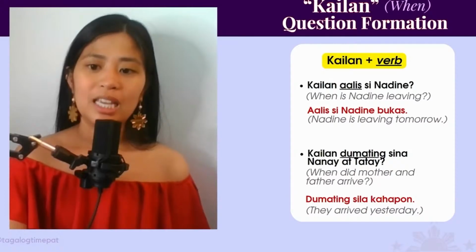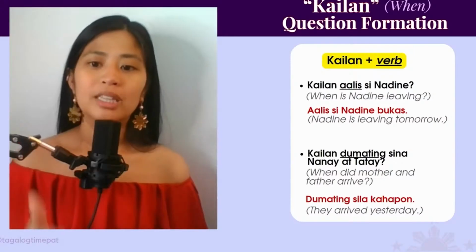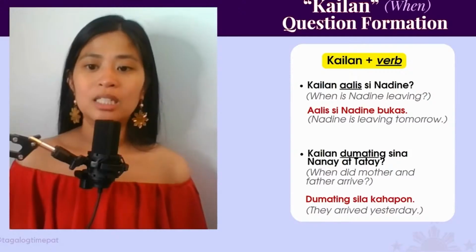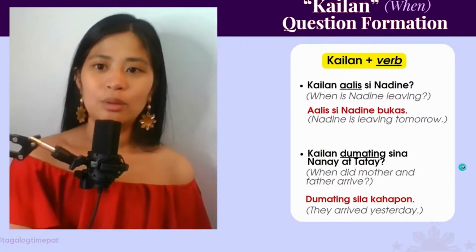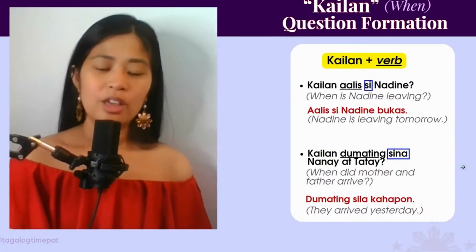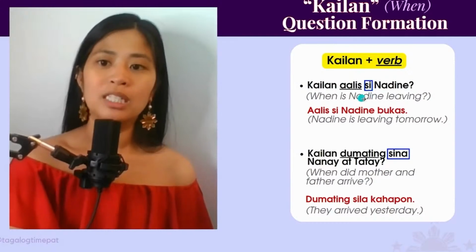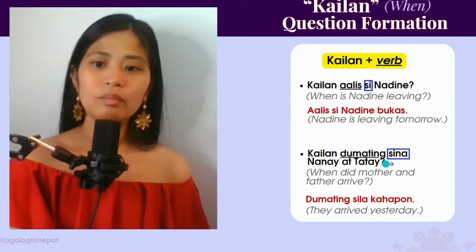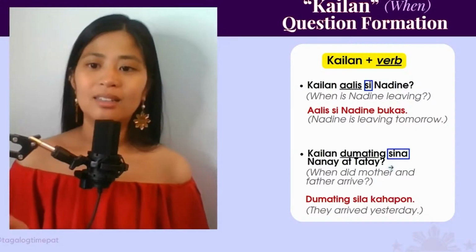So if we were going to say nanay and tatay in the response, we would use sina again. For example, dumating sina nanay at tatay kahapon. But if we're just using the pronoun, it's dumating sila kahapon. Okay, so that's how you would use kailan in a verb. So there are the different sentence markers when you are using a name in your question. When it's one person, it's si. Kailan aalis si Nadine? When it's more than one person, it's sina. Kailan dumating sina nanay at tatay?